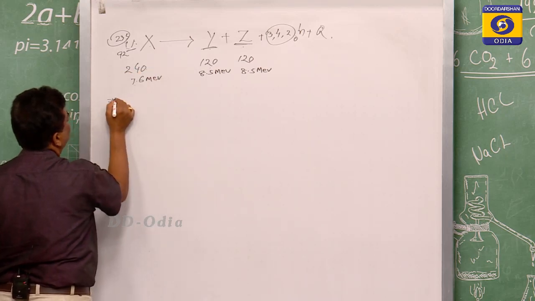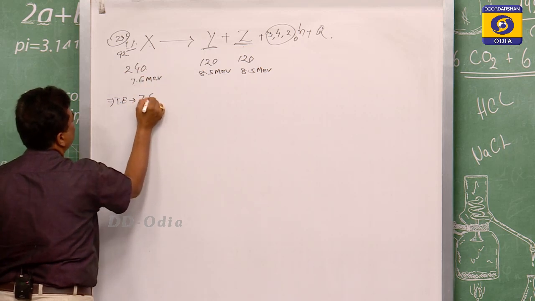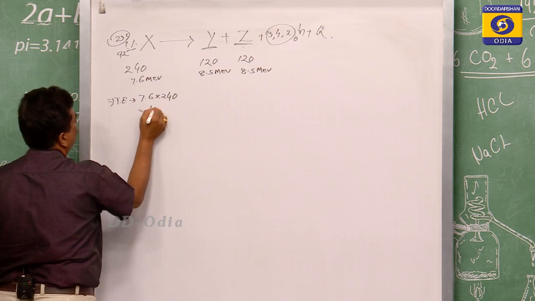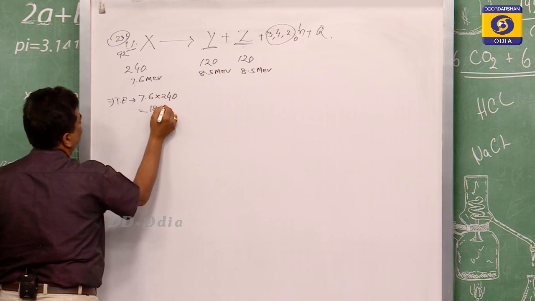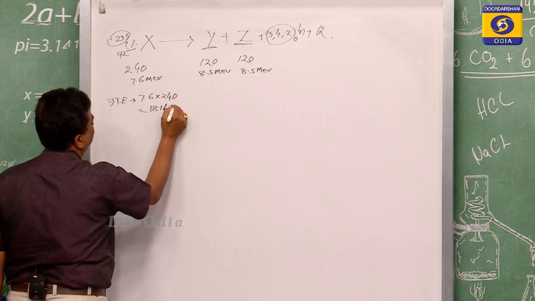Then what is the total energy here? The total energy: 7.6 into 240 gives 1824 MeV.